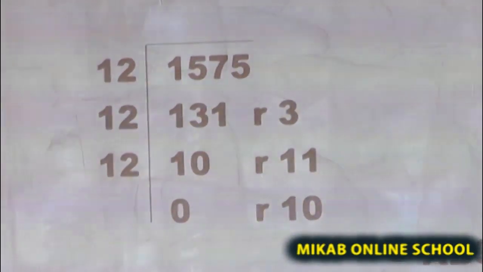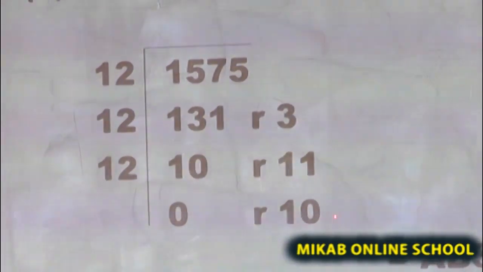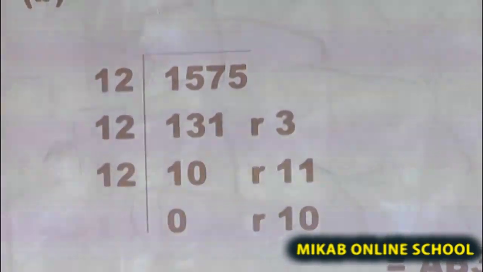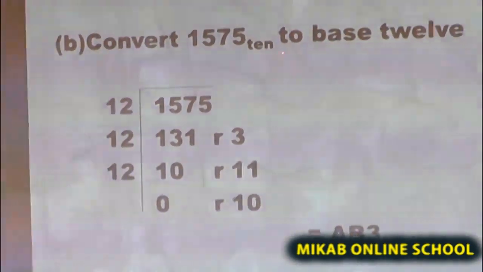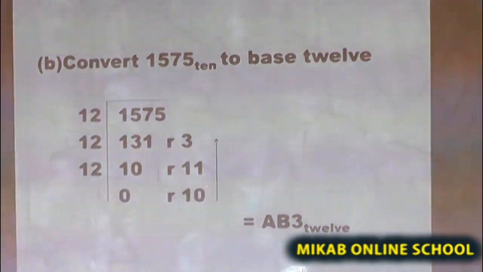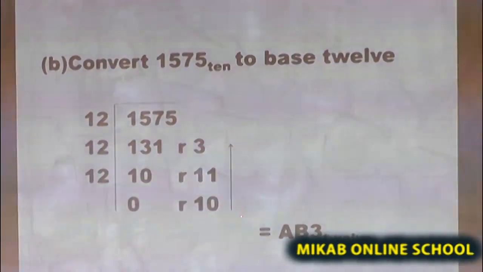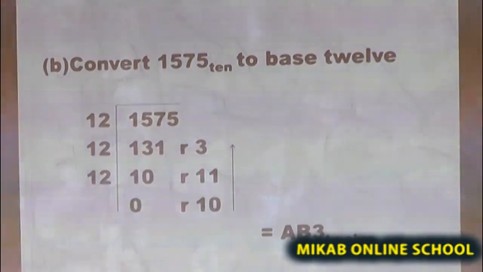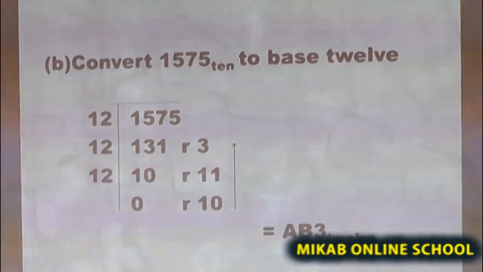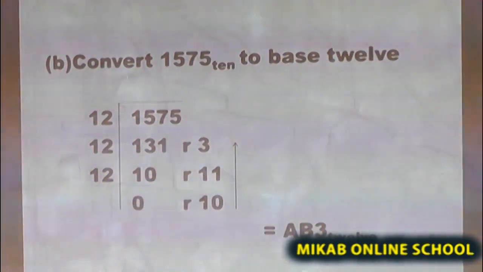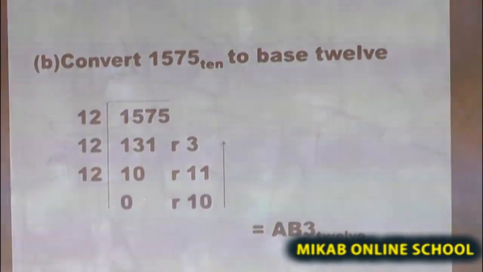And as I said, as we climb a tree, we start from the bottom up. Then I'll read my answer upward. I'll have 10, 11, 3. And if I should try writing this in figure form, it's going to be read as 10113, am I right?